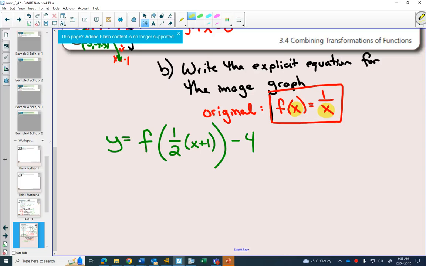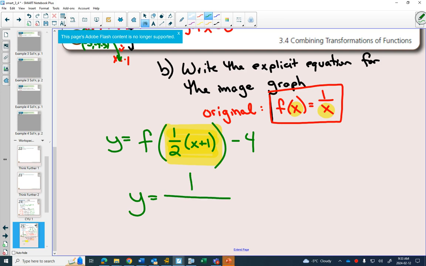So now I'm going to take up my highlighter and I'm going to say, notice here, all of this is now inside of f. So if I want to change this from function notation to its explicit equation, it will look like this. Well, what's the rule for f of x in red? Whatever you put in goes in the bottom of the fraction.